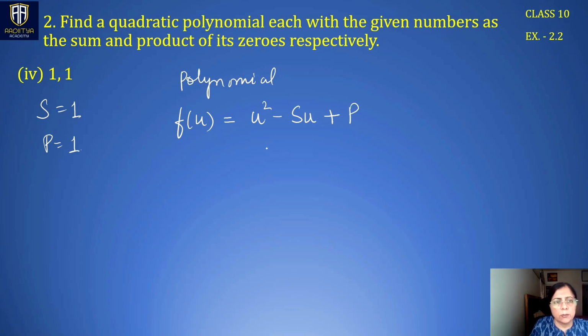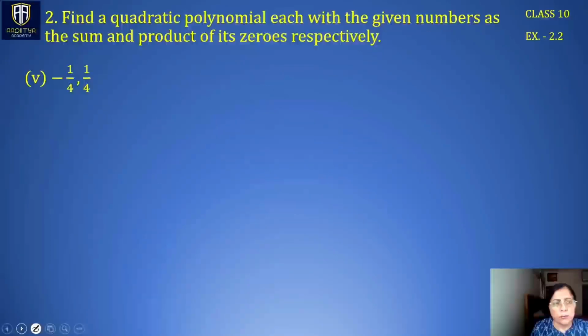You can use any variable, but the standard form should be the same. So here u square minus sum of roots. Sum of roots is 1, so I write here 1 accompanied with u. Product of roots is also 1. So the polynomial becomes u square minus u plus 1. Or you can make it with x also. It becomes x square minus x plus 1.